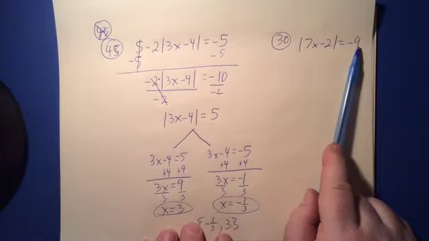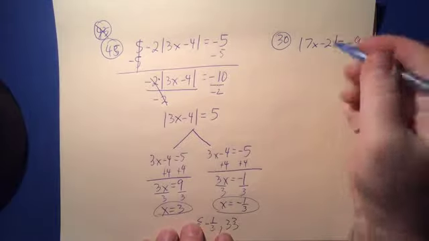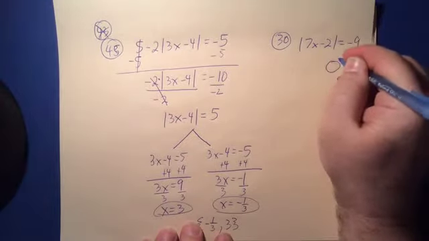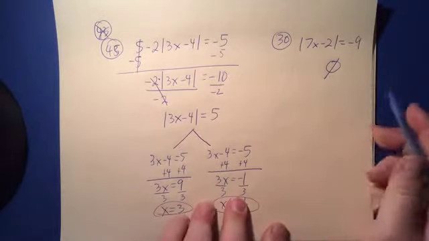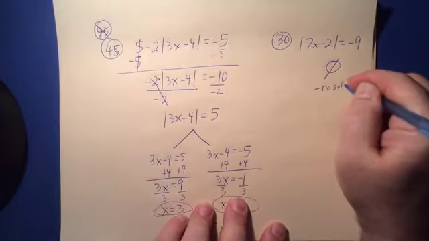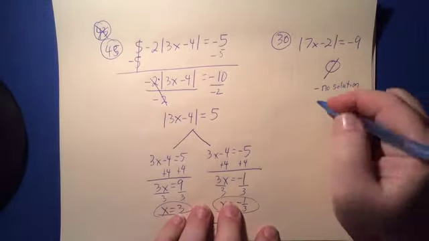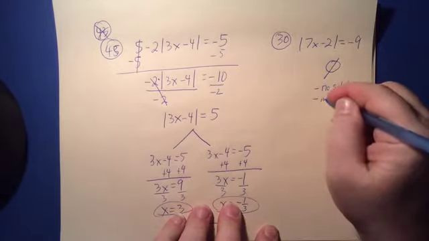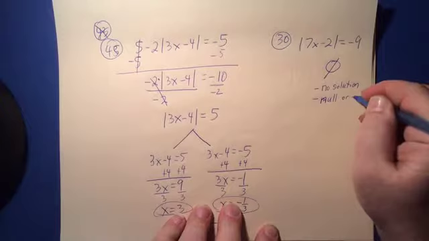Because this is a problem that is not solvable, we express the answer as this, which means two things. It means that there's no solution, but more specifically, we represent this as what we call the null or the empty set.